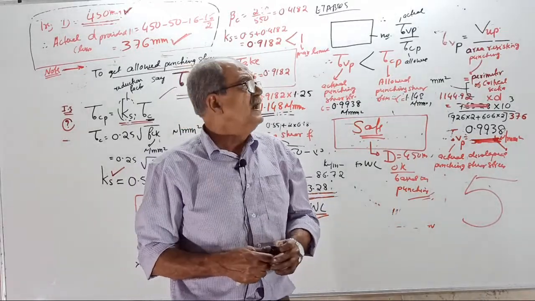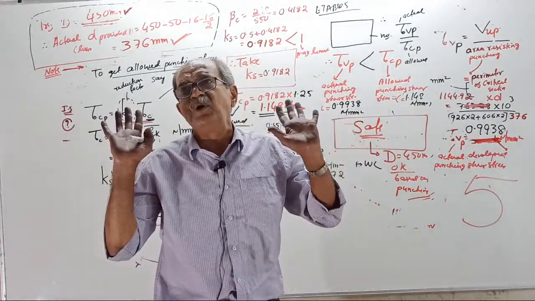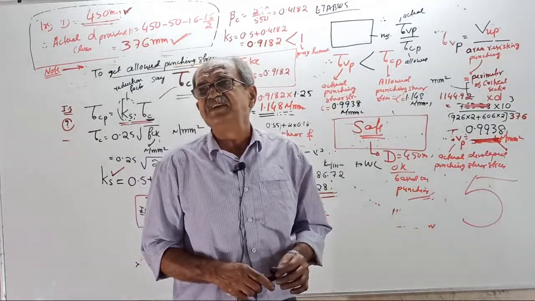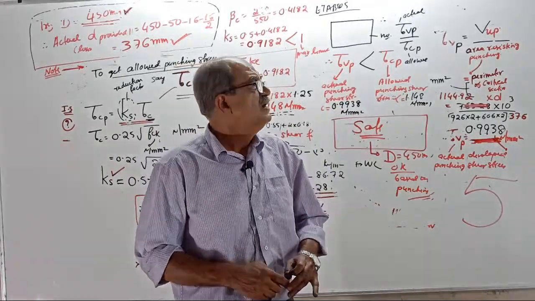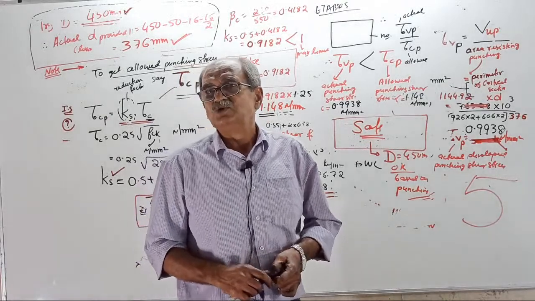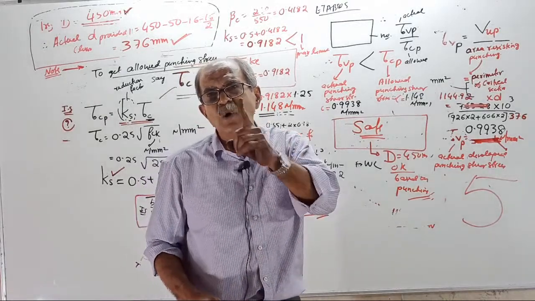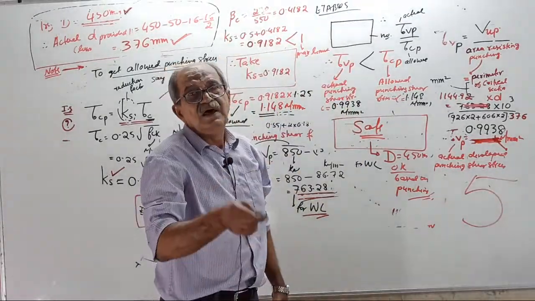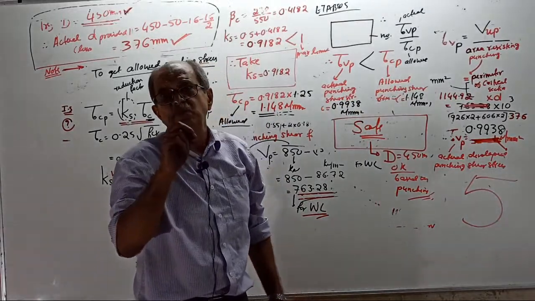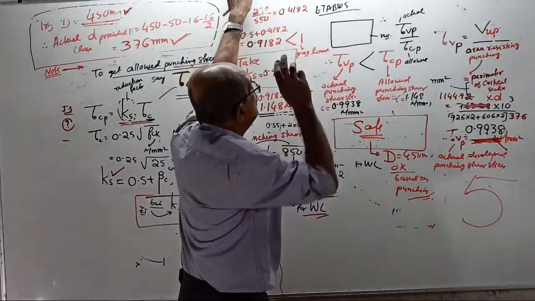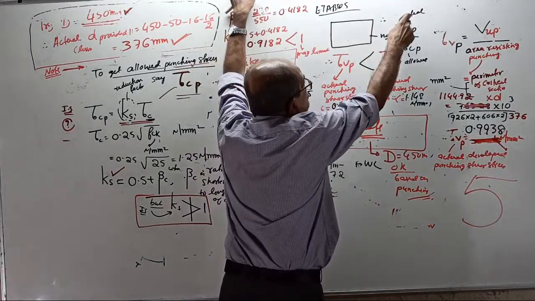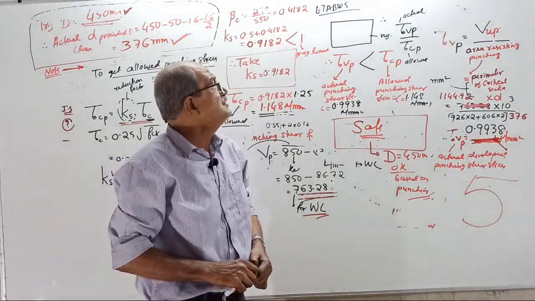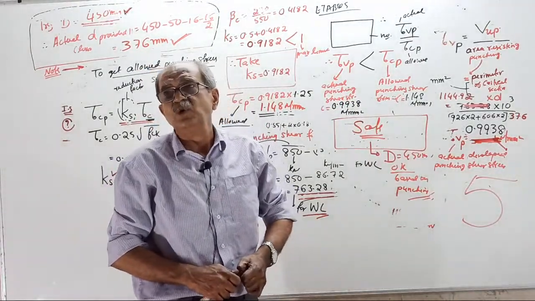Little later, they told me, we want only the software part. I told them, wait for some time. Right now I am almost finishing the structural knowledge. I will let you know, then you join. At that time they are bound to ask, sir, what is that number? I will tell them that number is actual stress by allowed stress. Then they may ask how to calculate actual stress and how to get allowed stress.